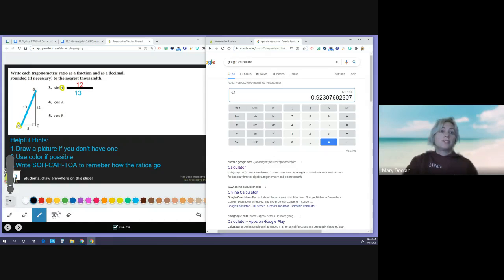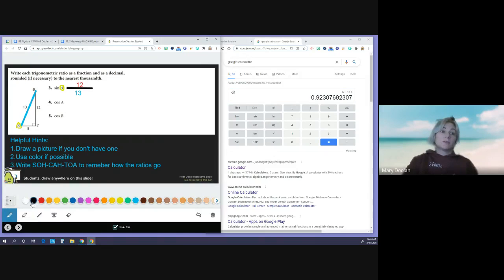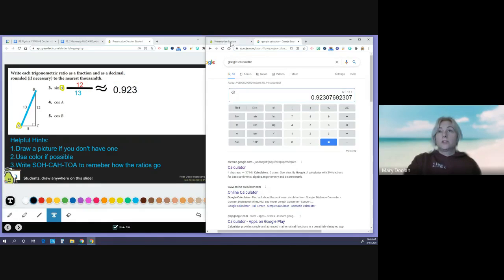And again, we want to round to the nearest thousandth. Anytime you round, it's approximately equal to, so this wavy equal sign. That's approximately equal to 0.923. That's the thousandths place. If I look next to the 3, there's a 0, so it stays as 3. And that's it.